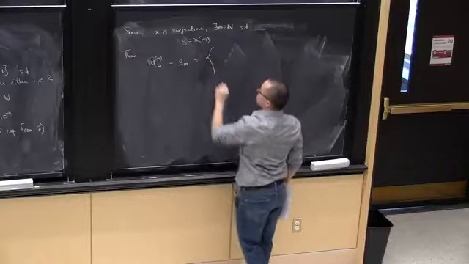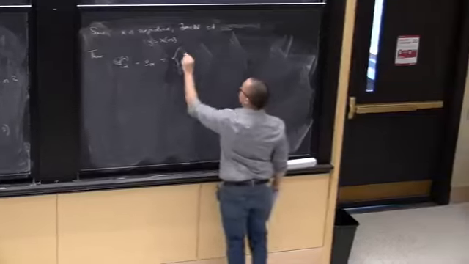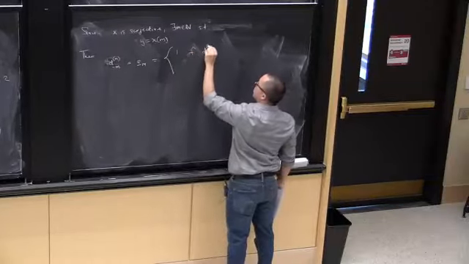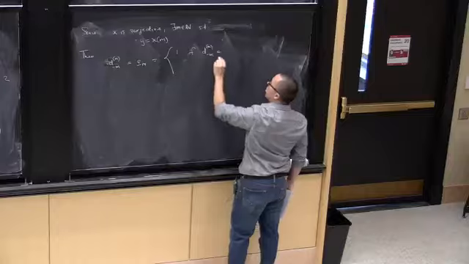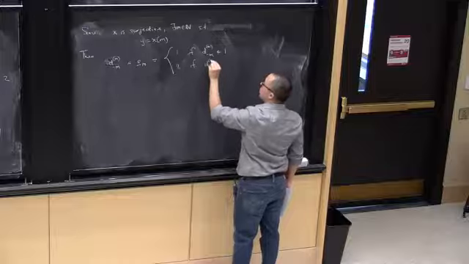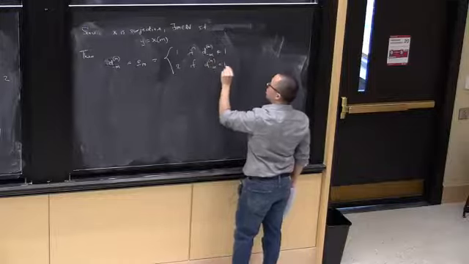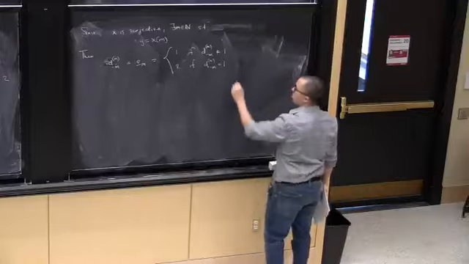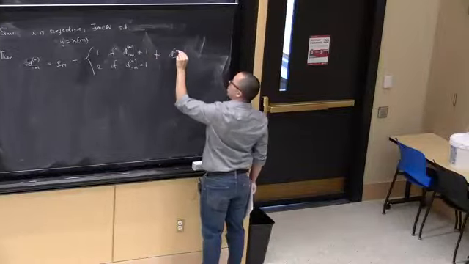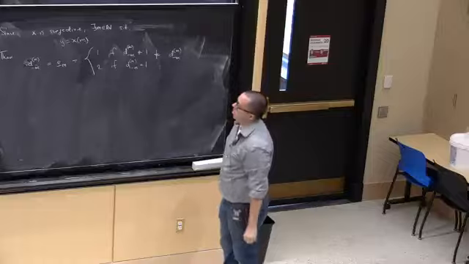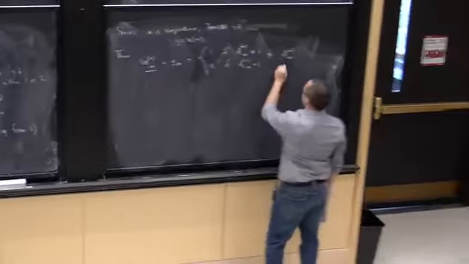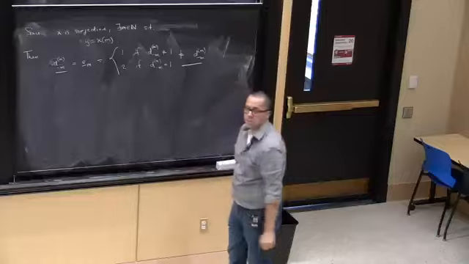Remember, this is equal to 1 if d_m does not equal 1, and 2 if d_m equals 1. In particular, this does not equal d_m. So I have proven that this number does not equal itself.